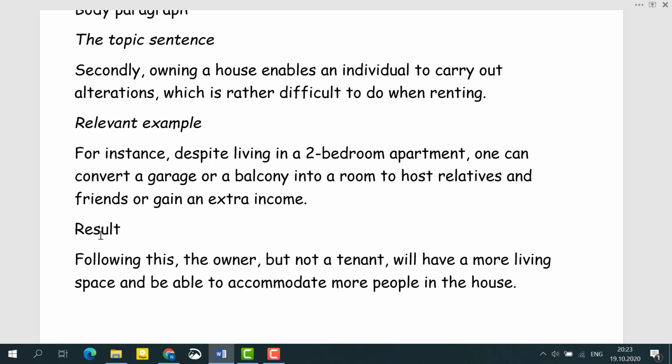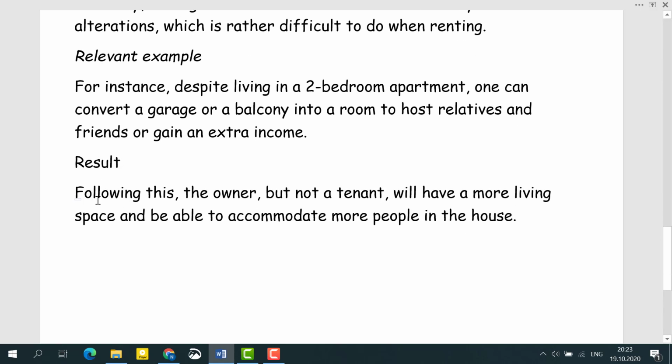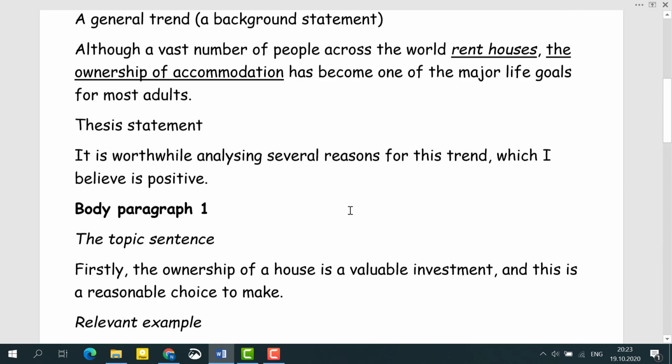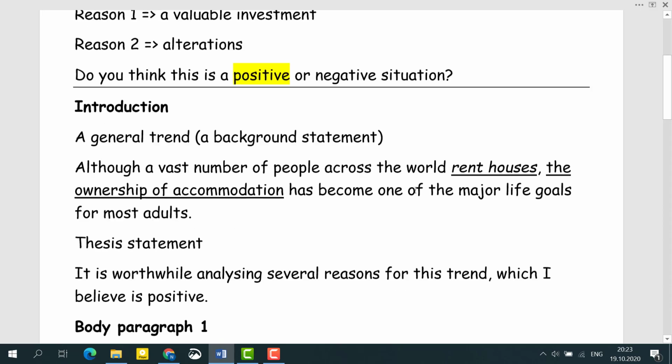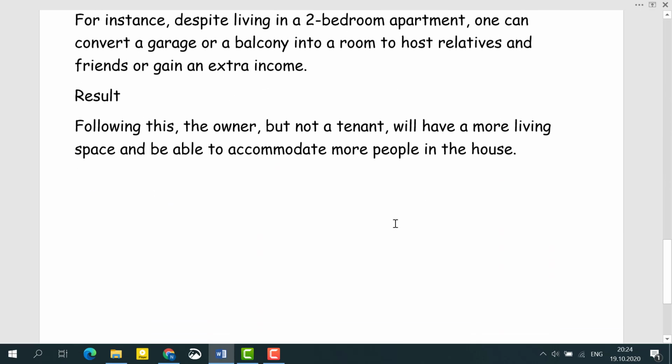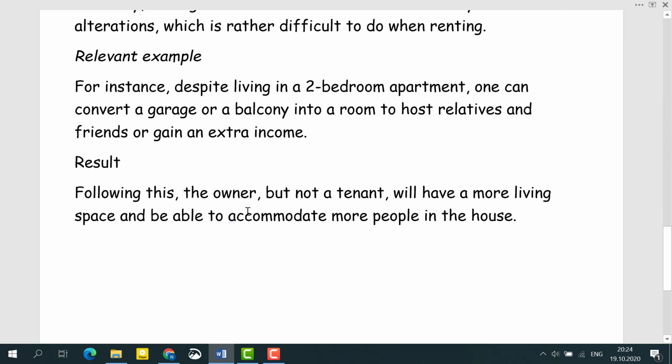Okay, here we go. So I'm talking about the result. Following this means after this, the owner, but not a tenant. A tenant is somebody who rents a room. Again, I remember that I'm talking about two aspects, owning a home and then renting one. So it's very important to indicate this. So the owner, but not a tenant, will have more living space.